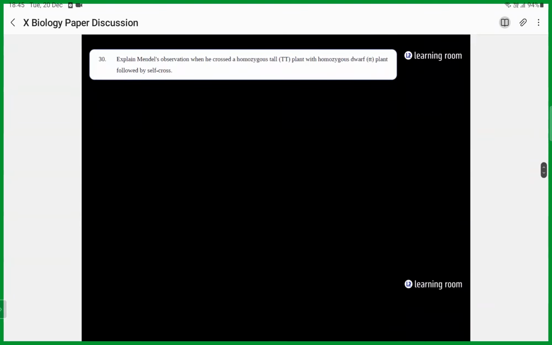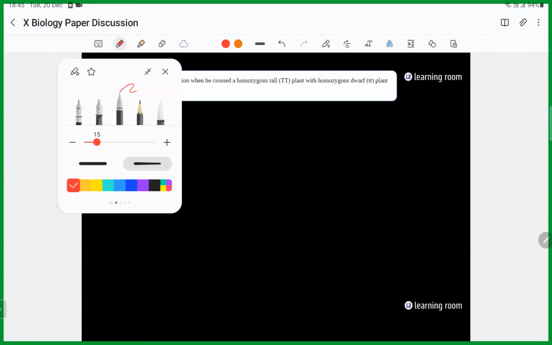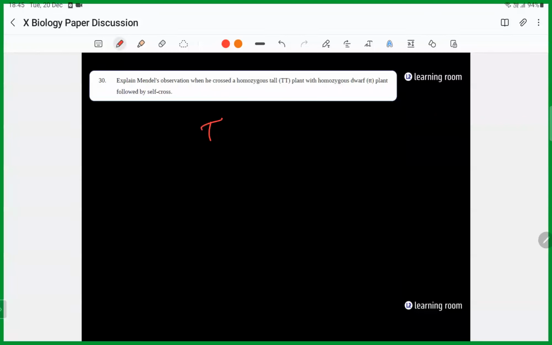Again, a genetics question. Explain Mendel's observation when we crossed a plant homozygous for tall and one homozygous for dwarf.